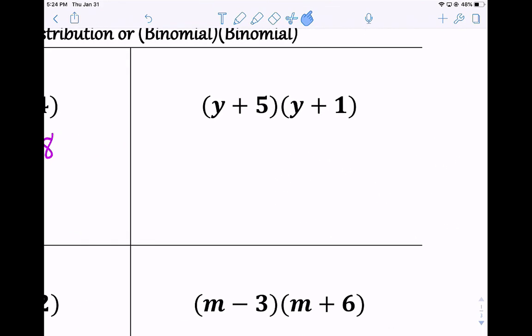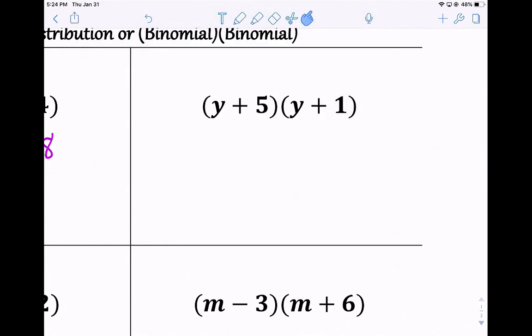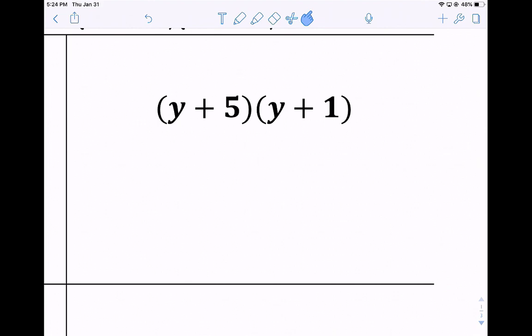Okay, so next example, we have y plus 5 times y plus 1. So again, we're double distributing. So we start with the y, distribute it to both pieces, then go back to the 5, distribute it to both pieces. So starting with the y times y is y squared.